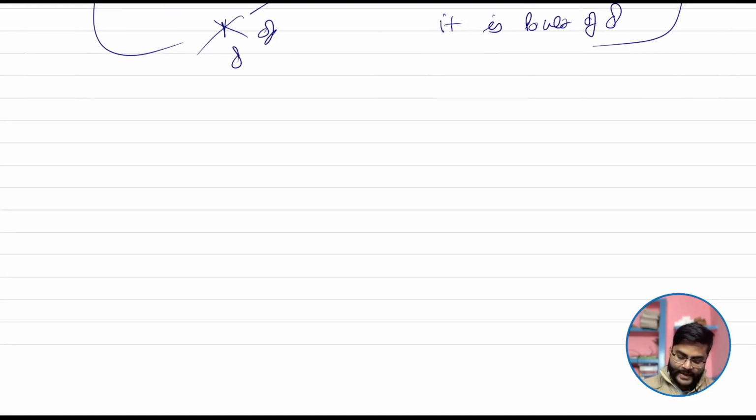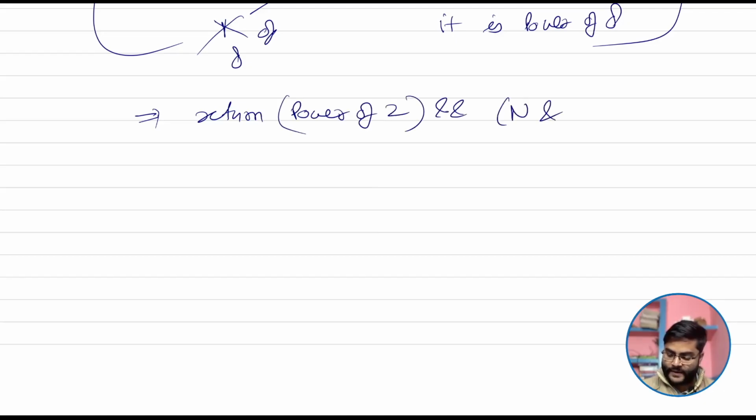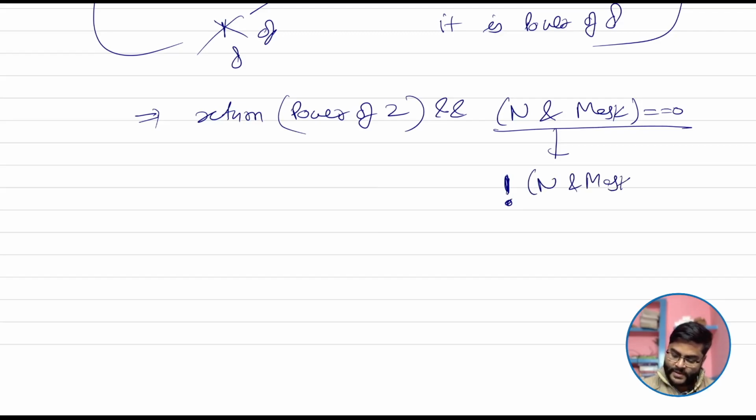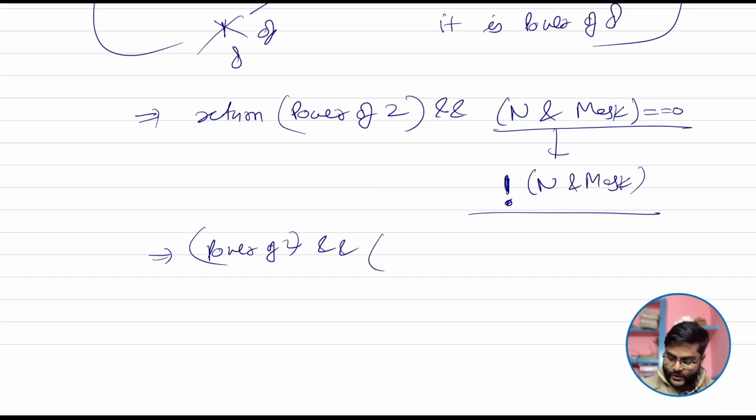So my combined condition will be: check if it is a power of 2, and bitwise AND with mask should be 0. Or you can write this condition the same as this one. This is nothing but logical NOT. Both are the same. So you can write power of 2 and logical NOT with AND mask.